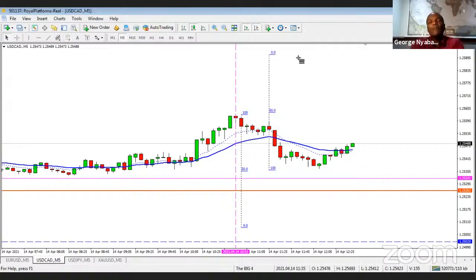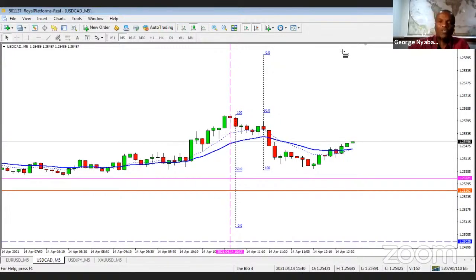Now, remember, measured moves are areas where if you're in a trade, you should consider taking profits. Either take full profits or take partial profits, because the market is likely to turn there. If you have your stop way down here and you're taking a trade and there's a higher low, you manage to put your stop at the next level, minimizing your risk.